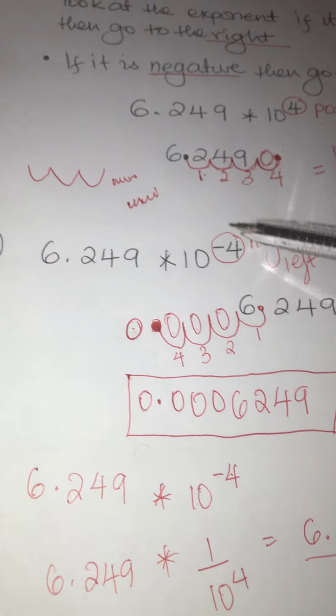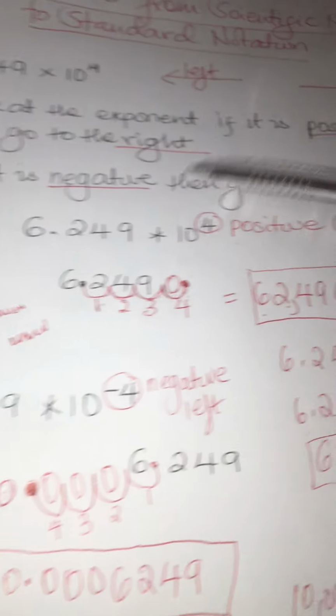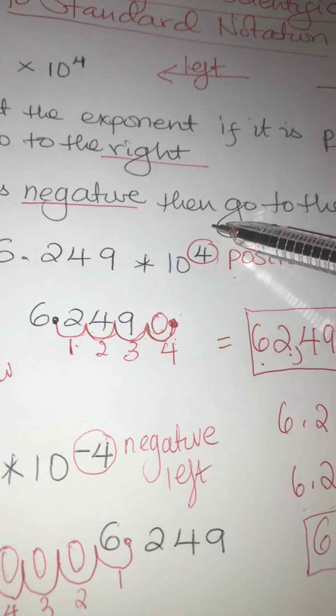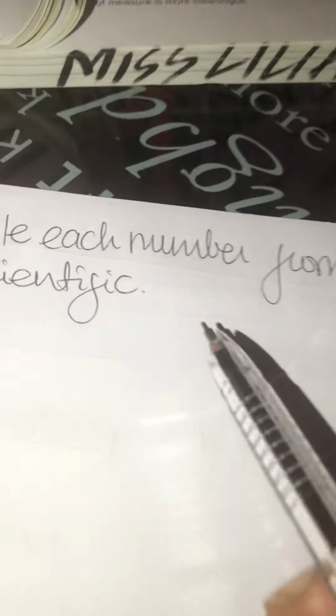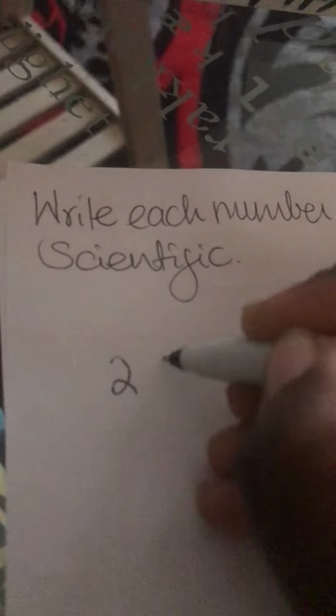So I have shown you when the exponent is a negative, and I have shown you when the exponent is a positive. Okay? Now, let us do when we've been given a standard number and we want to write it in scientific. So a standard number, let us say 28.